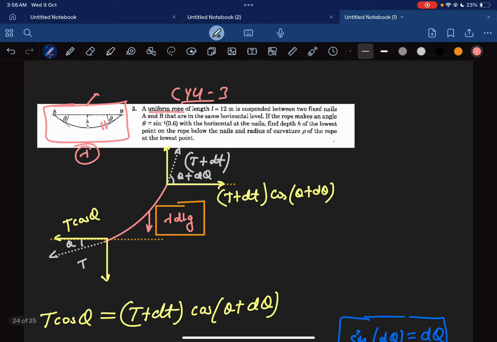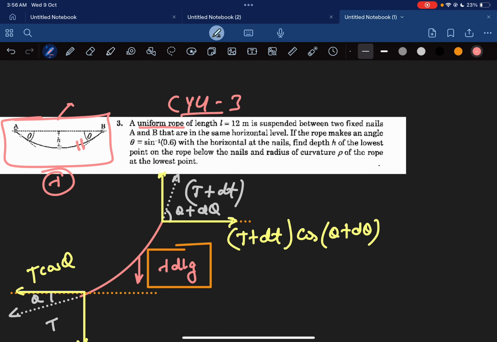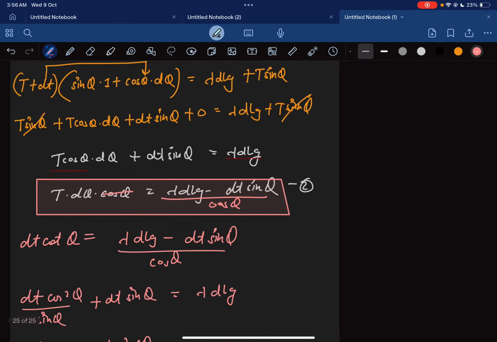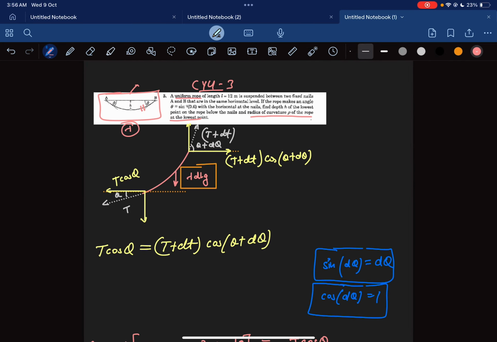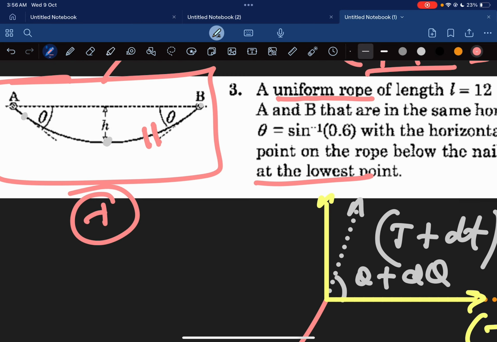The second part is asking for the radius of curvature of the rope at the lowest point. So you have to find the radius of curvature at the lowest point. What is the lowest point of this catenary? The lowest point is this. My students know that this catenary will have an equation y equals f of x, but it is not given in this particular question. So how will we approach a radius of curvature type question?